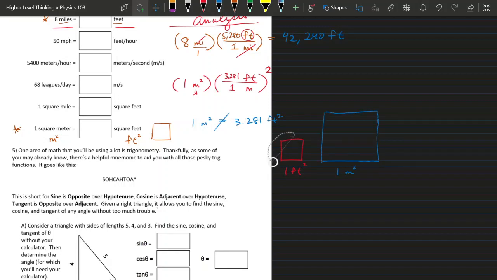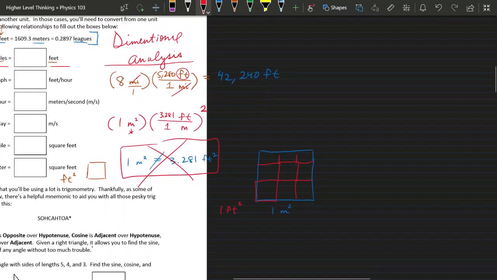So what we find is that if I'm mapping out how many square feet fit in a square meter, we can fit a lot more square feet than 3.281. And what that means is that this, again, does not work. So that's why we're putting a superscript and attaching it to the second parentheses.